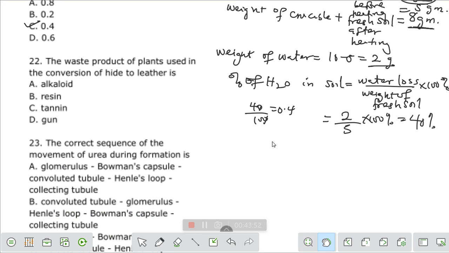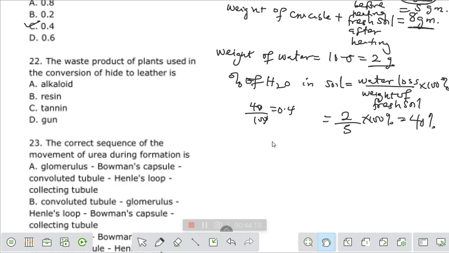So which one is used in the conversion of hide to leather? Is it the alkaloid? Is it the resin? Is it the tannin? So what's your answer? Just look at the question very well. So the answer is what?